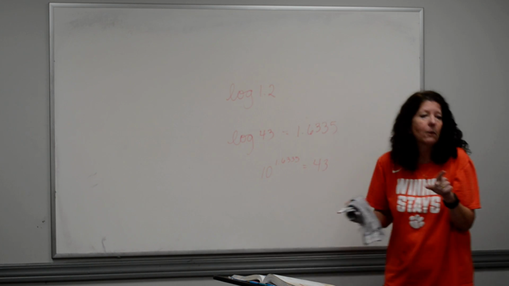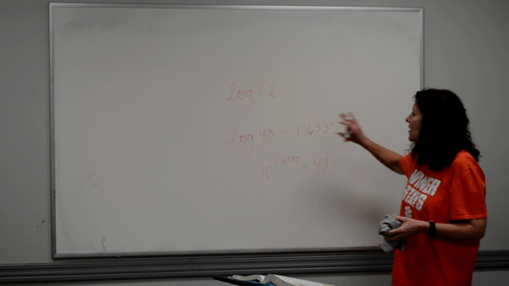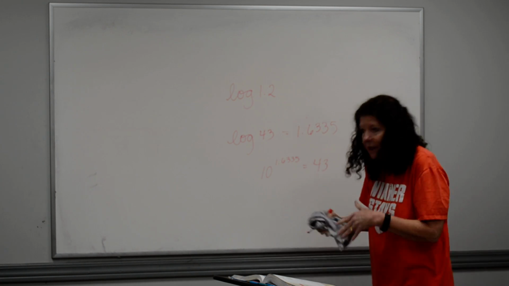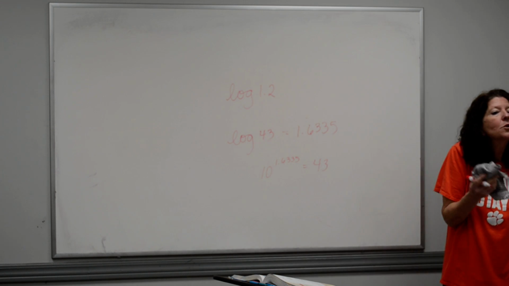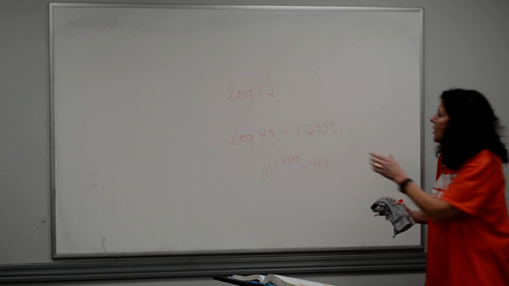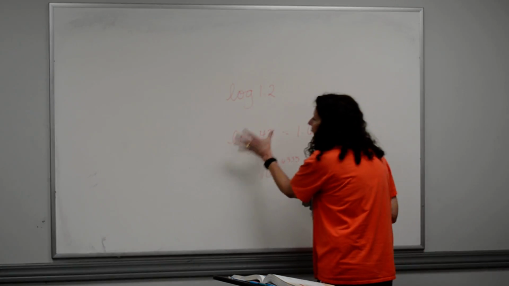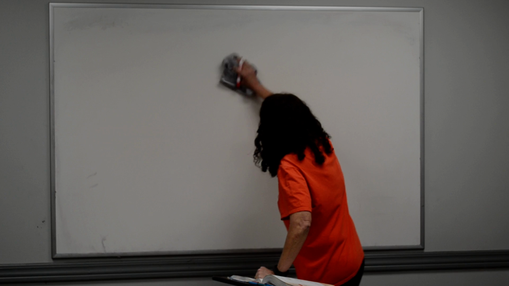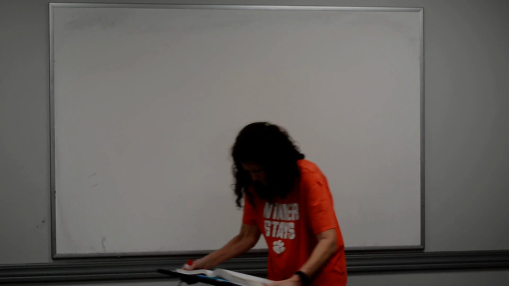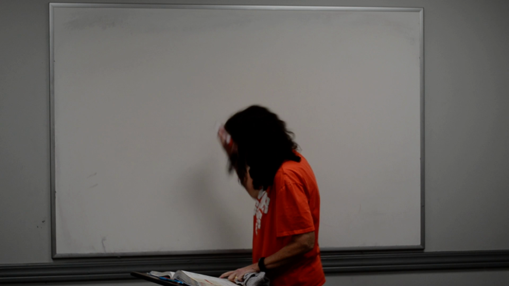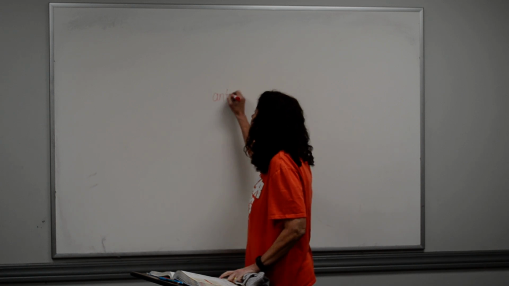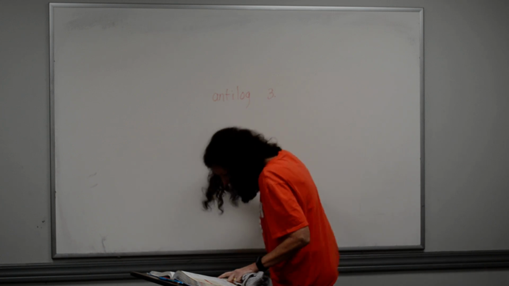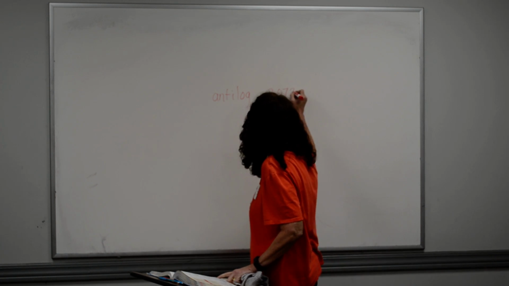Sometimes they give it to you backwards, where they actually tell you what it's equal to, and you've got to figure out the anti-log. In other words, what you take the log of to get that. So they give you this side, and they don't give you this side. So it will literally say, use the scientific calculator to find the anti-log of 3.073.